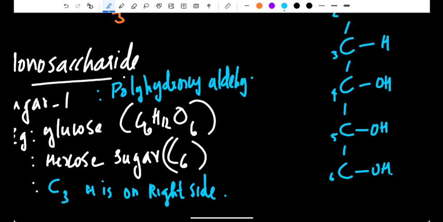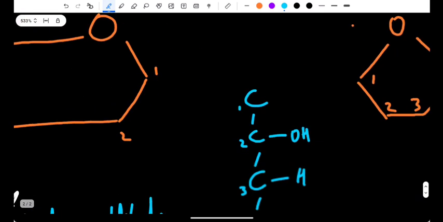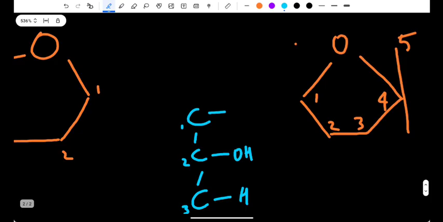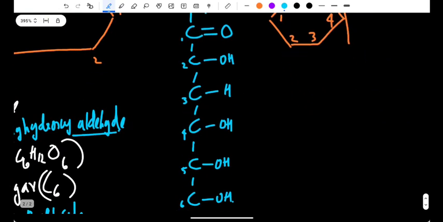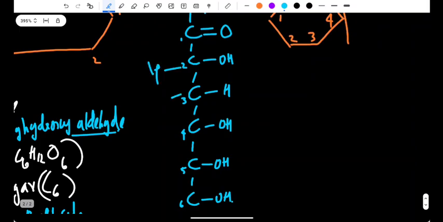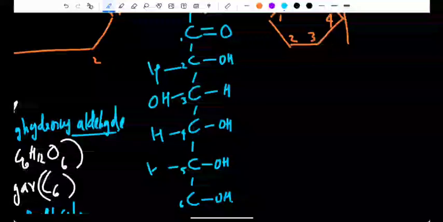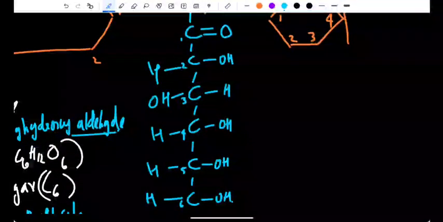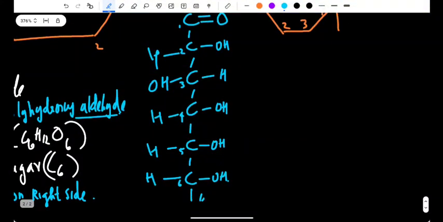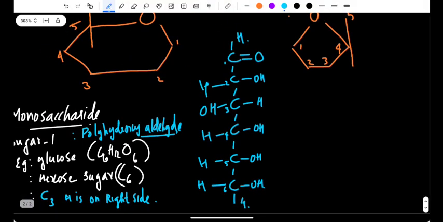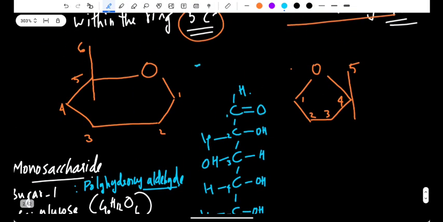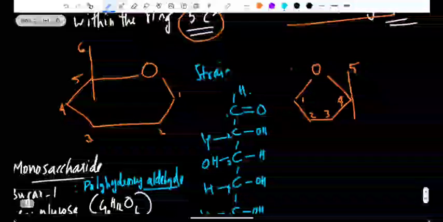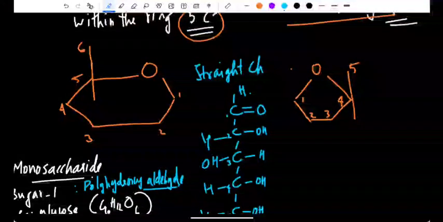So which functional group will be added? Aldehyde. Aldehyde will be added to the terminal position. Here all OH. In the third position only a slight change. In others all same. Okay, so this is the straight chain structure of glucose.